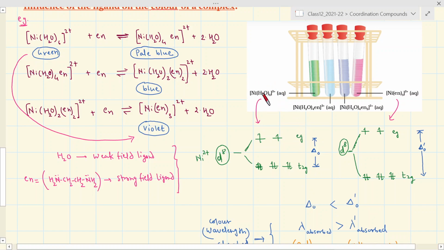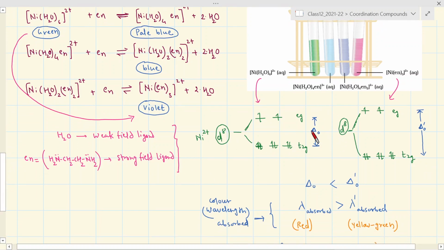In case of weak field ligand, we will have a lower level of splitting, but in case of strong field ligand like ethylene diamine, in this complex compound, we will have a higher level of splitting. So if we compare these levels of splitting qualitatively, even if we don't have exact numbers, and compare the relative magnitude between delta O and delta O prime, then we see that delta O is less than delta O prime.